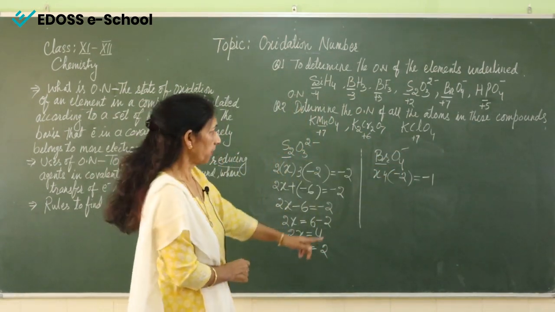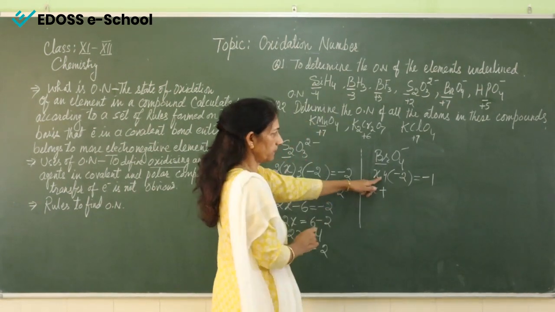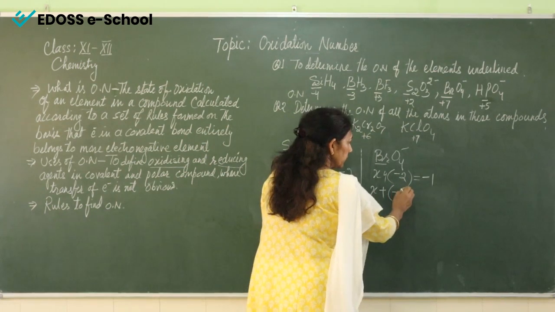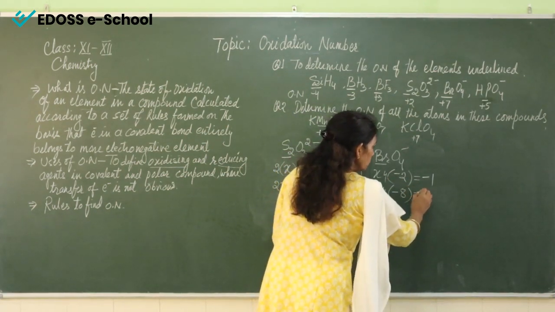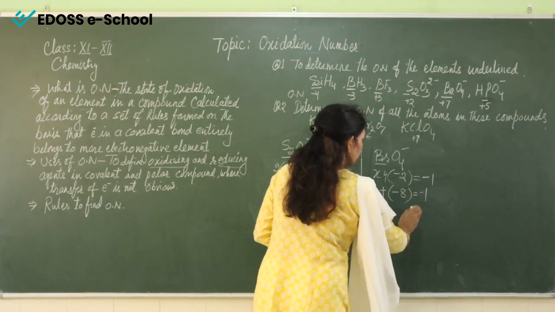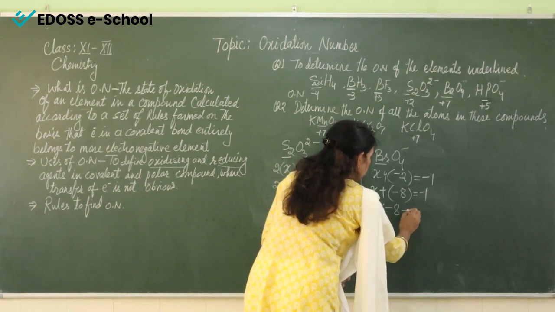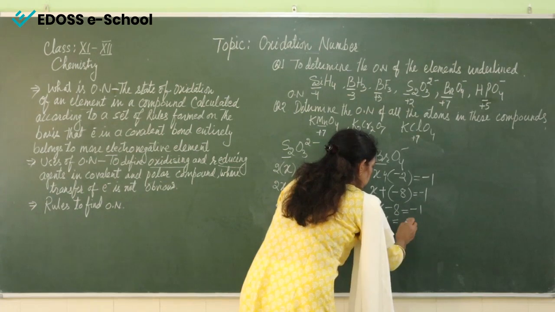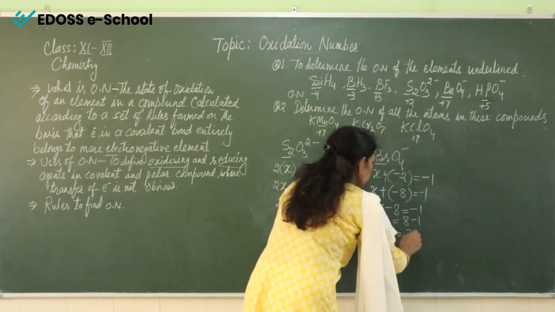and this is equal to -1, we will put here because it has just one charge. Now we can write it like this: X plus, in the bracket we will put 4 times minus 2, so it will be 8. This is equal to -1. Now X minus 8 is equal to -1, and X is equal to 8 minus 1, or X is equal to 7.